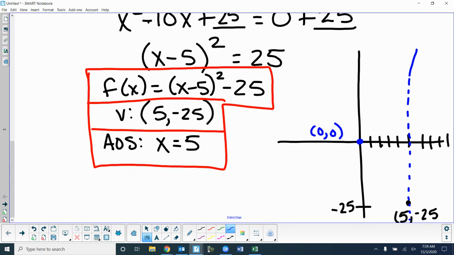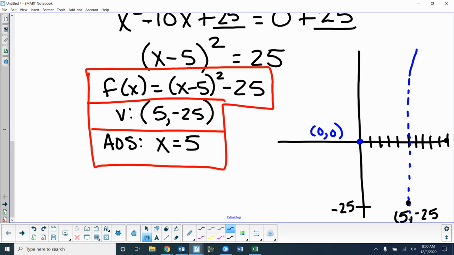So where's my other point at, Braden? To finish off my parabola. The other side of it? Yeah, how far over? 5. Yeah. So this is 5 here, and I gotta go 5. I need to add one more, don't I? 1, 2, 3, 4. That would be 10, right?